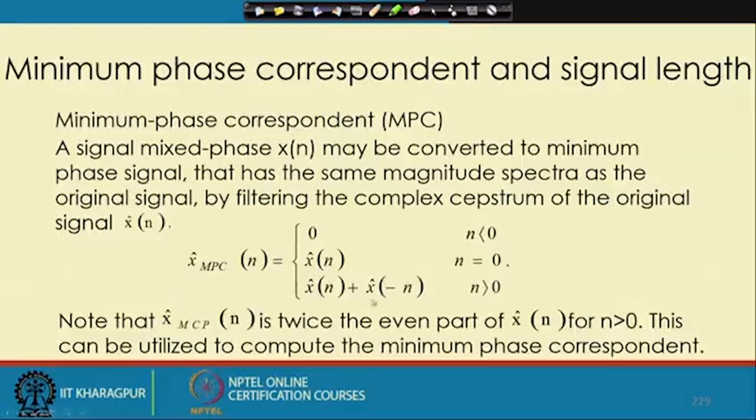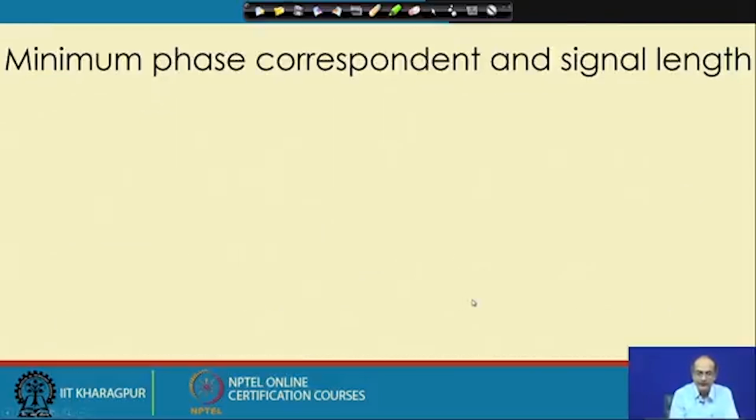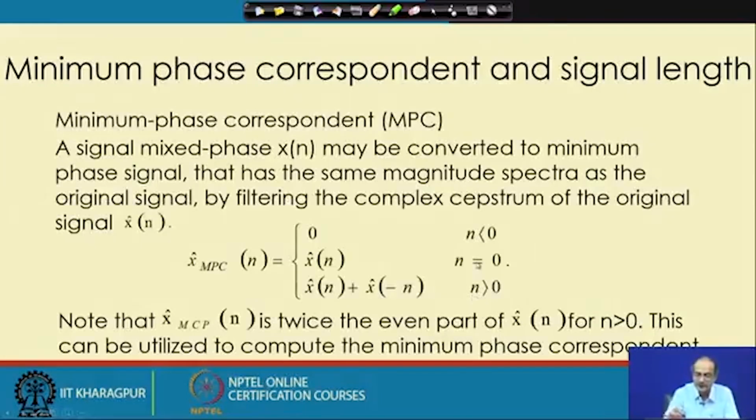So, here we force the negative index to 0, and we preserve the value of x hat n at the 0th index, and for the positive values of n, what we can do is take x hat n plus x hat minus n.